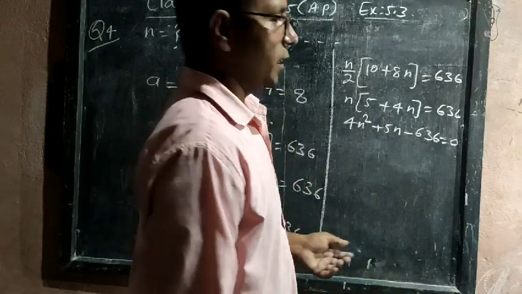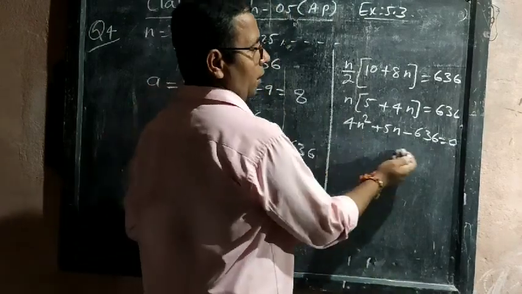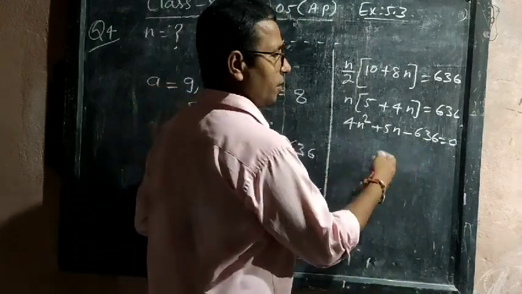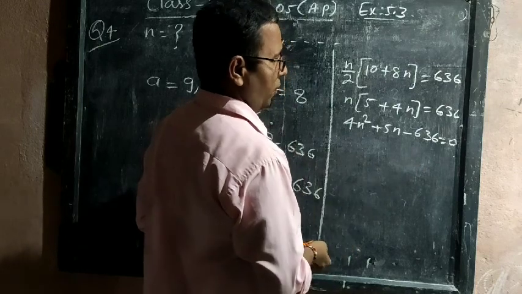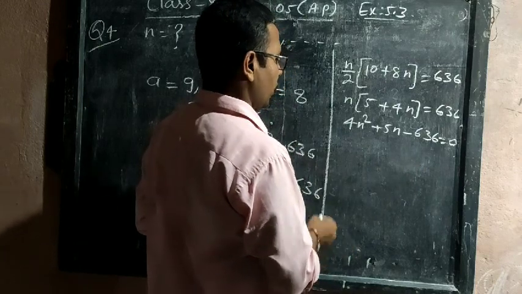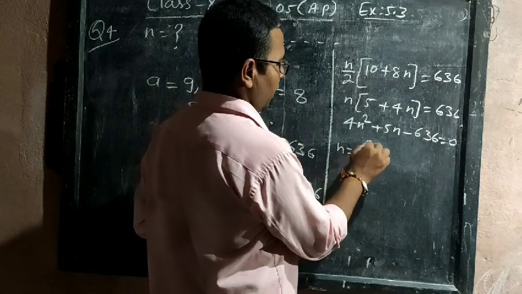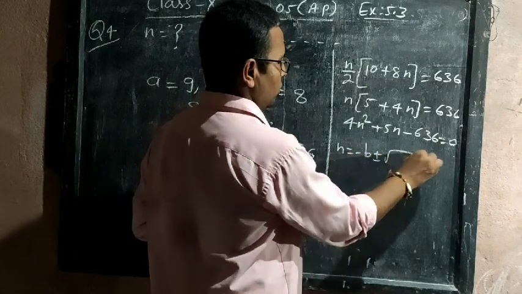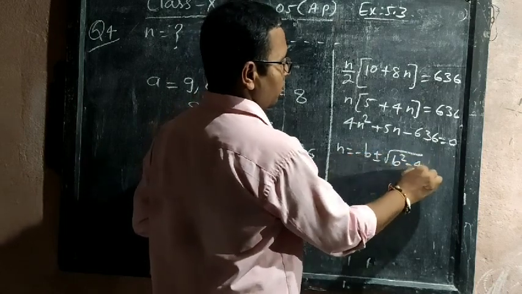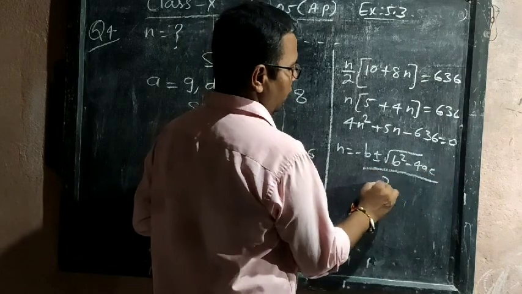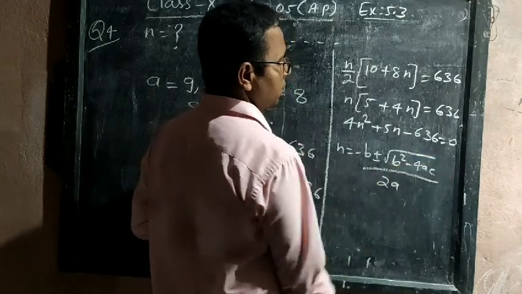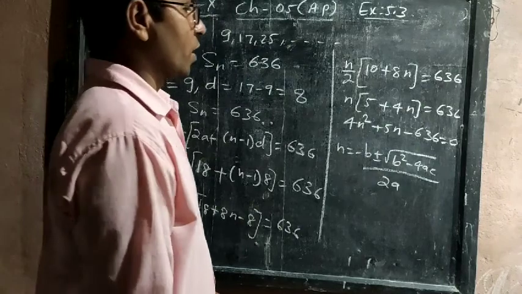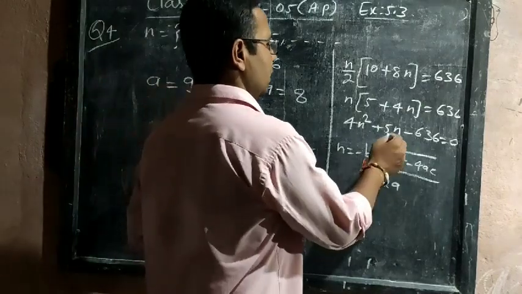Either you can do it by multiplication also, but we will use the quadratic formula. So the quadratic formula is n is equal to minus b plus minus root b square minus 4ac by 2a. We will use this one. So b is 5.